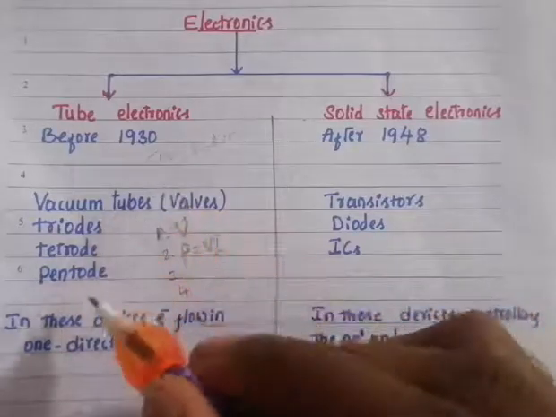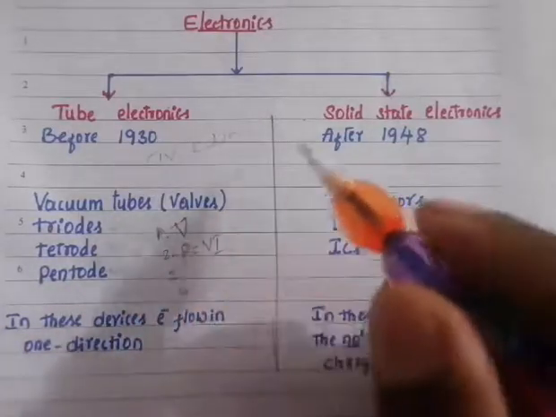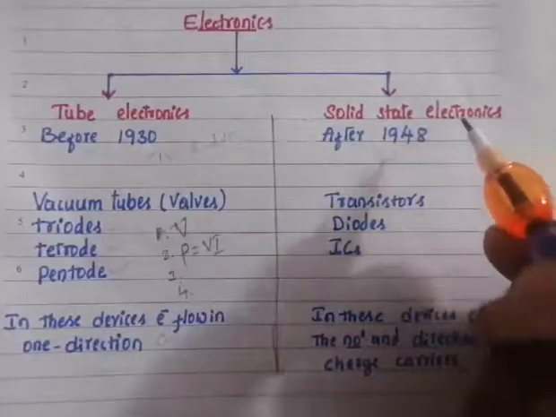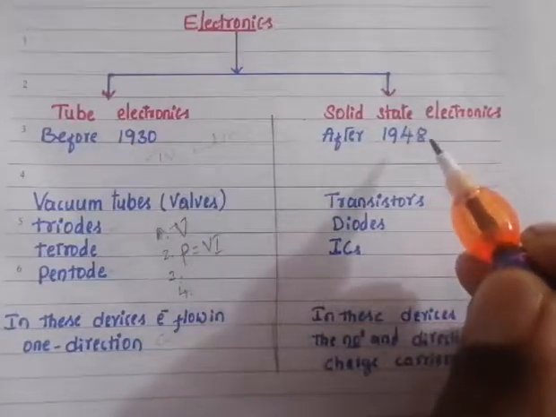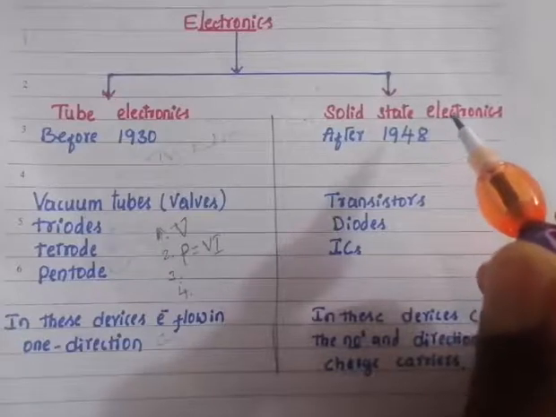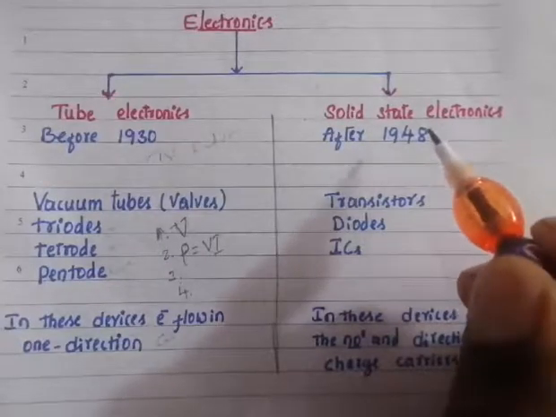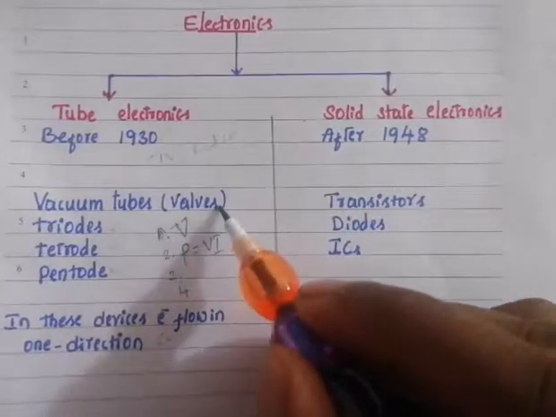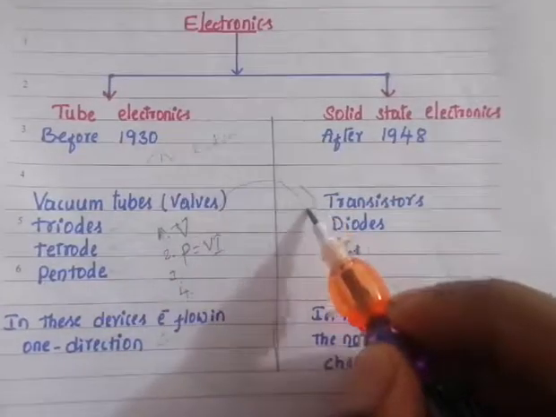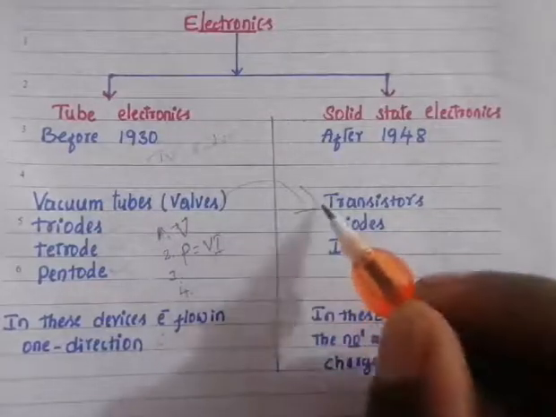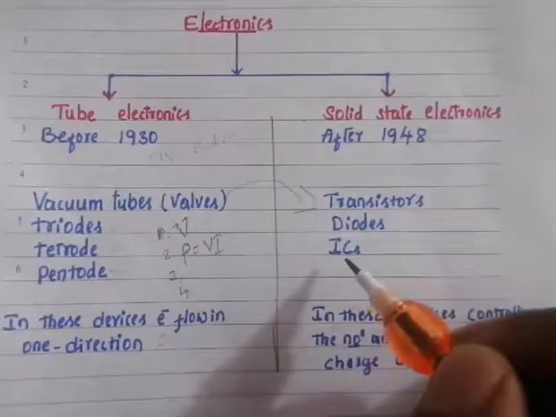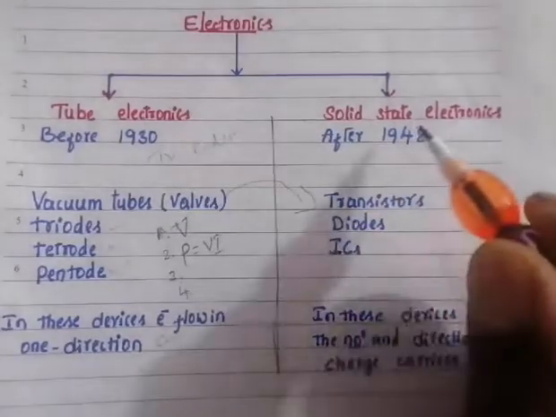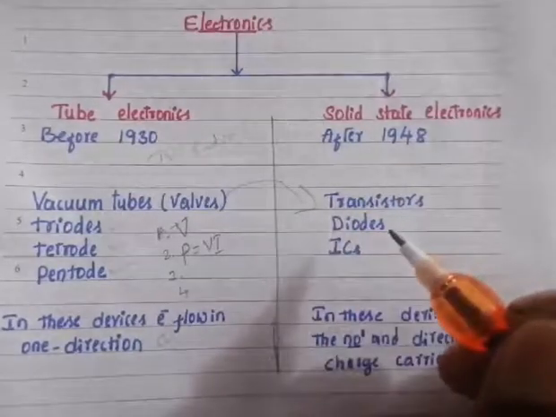To overcome these limitations, we developed solid state electronics after 1948. In solid state electronics, vacuum tubes are replaced by transistors. Transistors, diodes, and ICs are the basic elements in solid state electronics.